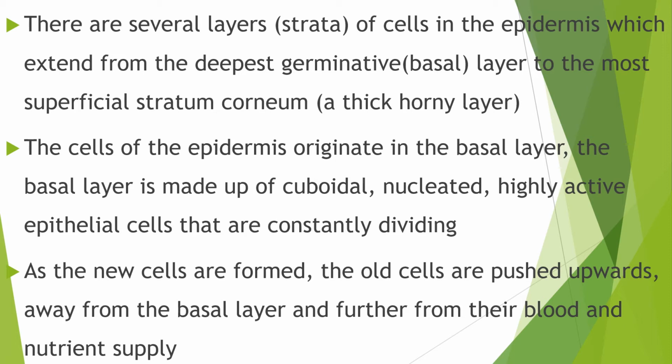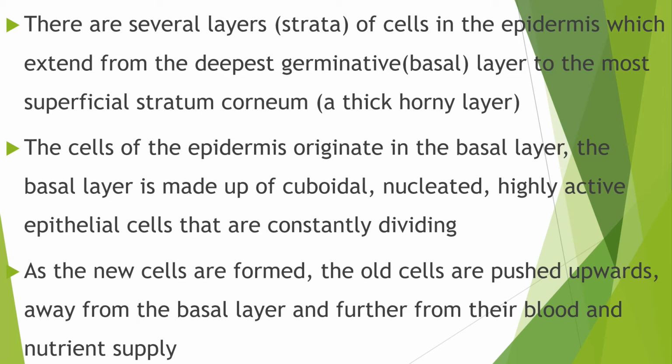These are cuboidal, nucleated, and I'm sure you'll remember from cell formation that there is a nucleus. So they are highly active epithelial cells that are constantly dividing. For the epidermis to exist, there must be continuous addition of new cells that are developing and are pushed to the surface of the skin.